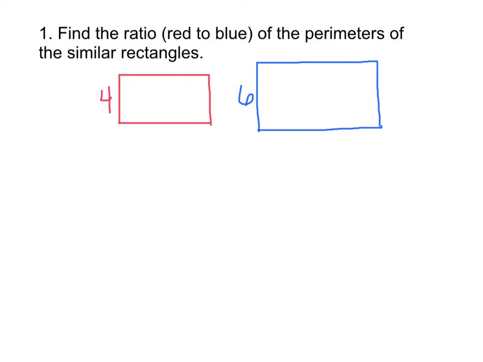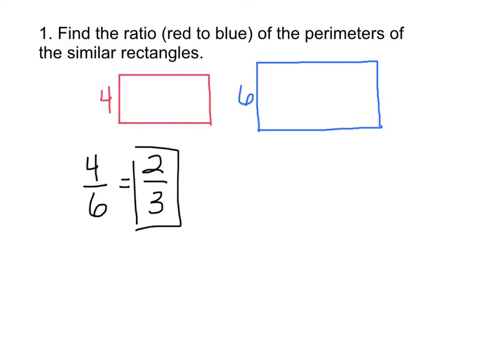I could say that the perimeter is going to be in a ratio of 4:6, because these two sides can be written as a ratio, 4:6. 4:6 can be written as a fraction 4/6, which can be simplified into 2/3. So we know as well that the perimeter has to be in a ratio of 2/3.